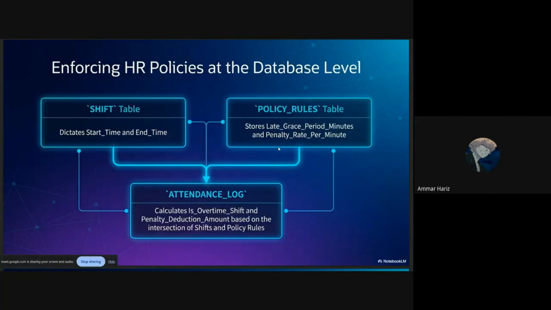By intersecting the data from both the shift and policy rules tables, the attendance log table can dynamically calculate Boolean flags like overtime shift and determine the exact penalty deduction amount. Next, Faris will present the user interface designs we created for this process.